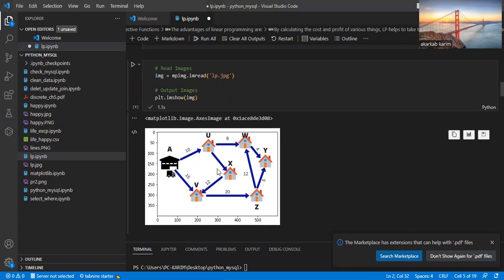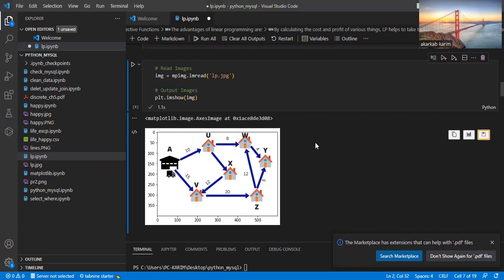So the LP here helps us identify the short route, taking into consideration the constraints of fuel and time. On this map we should choose the short route to deliver all these packages with less time and less fuel.